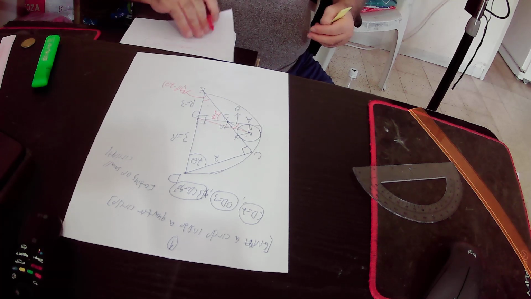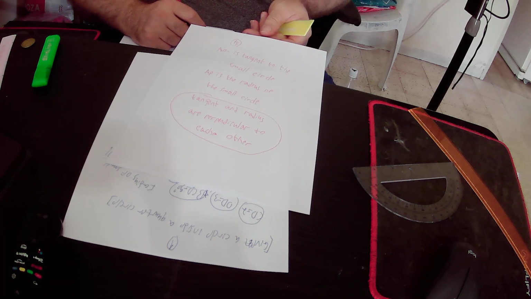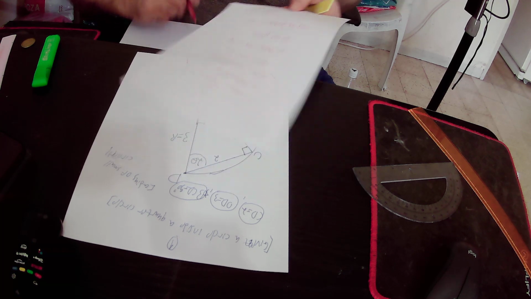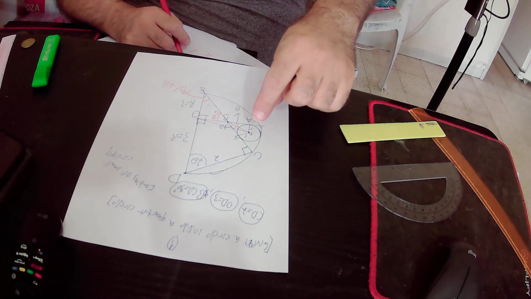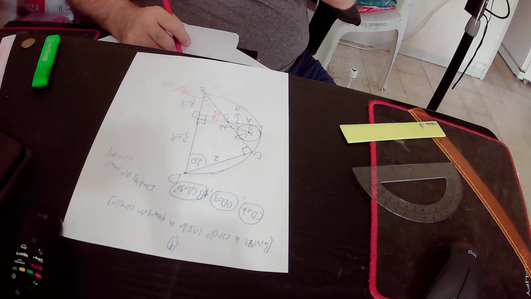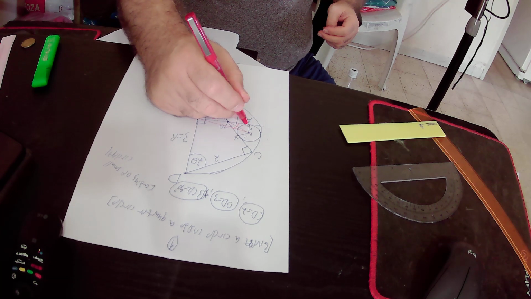Again, we have the rule that states that tangent and radius are perpendicular to each other. That is to say, the tangent AO and AP are perpendicular to each other. That is to say, this angle equals 90 degrees.